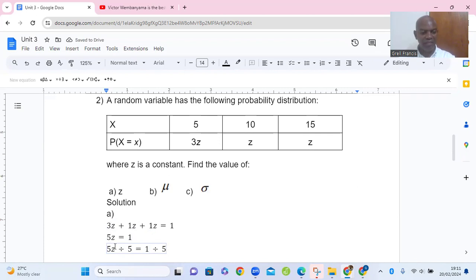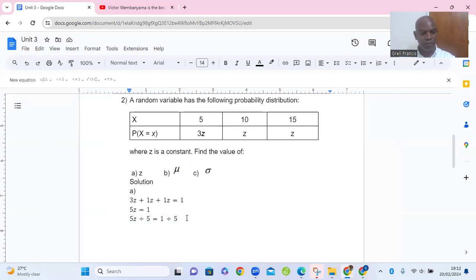So 5z divided by 5 will give us z. It means that 5 has been cancelled out. So we are left with z is equal to 1 divided by 5, and 1 divided by 5, we all know is 0.2. So z is equal to 0.2.